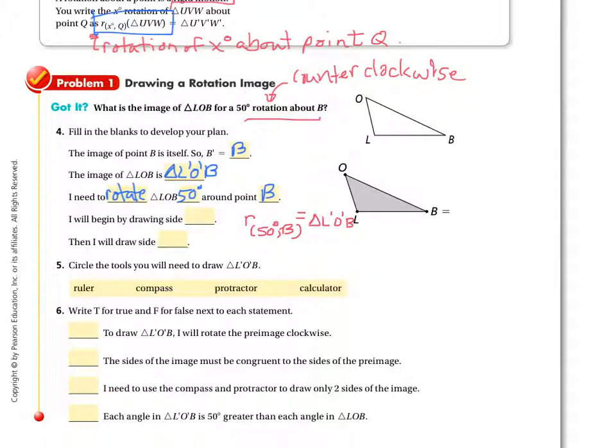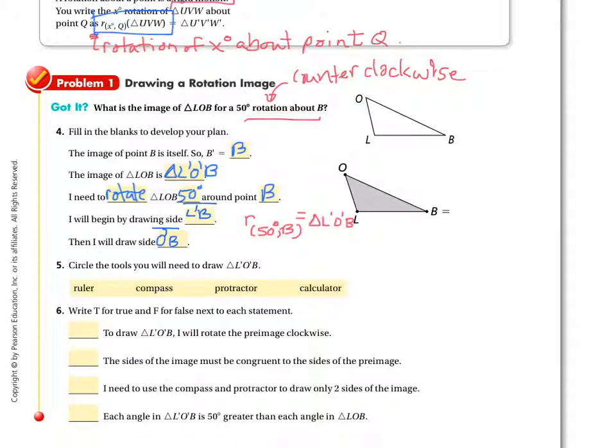So I personally would begin by drawing a side. It'll be easier if we take this side and rotate it 50 degrees. So I'm going to begin by drawing side L prime B. Then we're going to draw side O prime B. I'm going to show you later with my compass, off of this video.